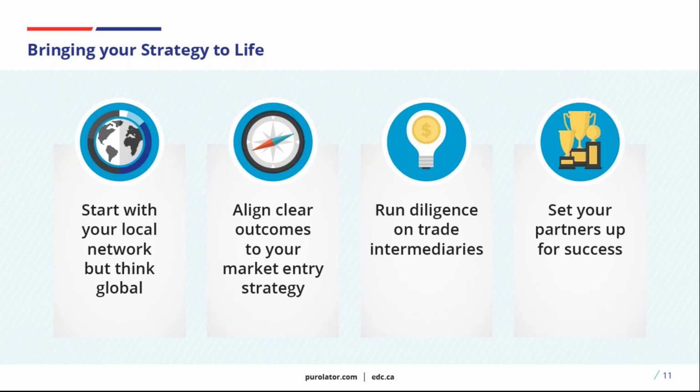By this, I mean that after selecting the market you want to enter, start to mobilize your domestic network. And by that, I mean the domestic network of advisors, customers, suppliers, trade associations, and government partners that you have around you here in Canada that have international linkages. This is actually the most cost-effective way to bring your U.S. market entry strategy to life.